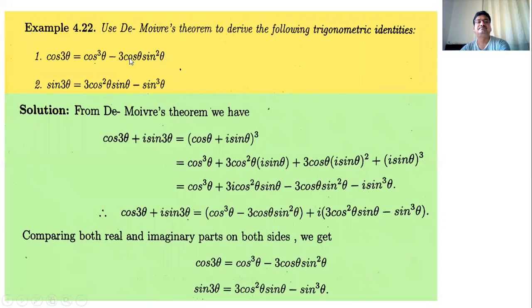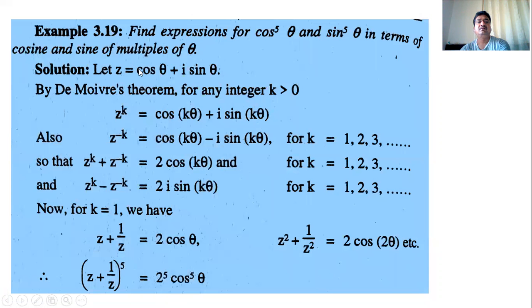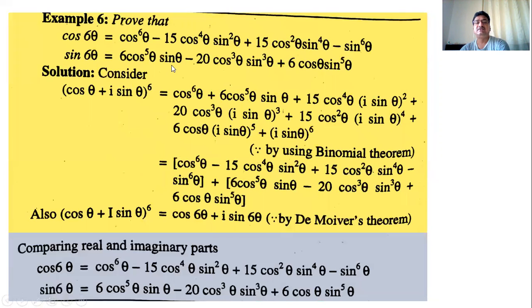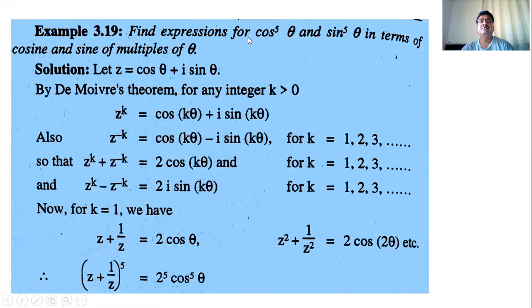Next problem is: find the expression for cos raised to 5 theta sine raised to 5 theta in terms of cosine and sine of multiples of theta, that is sine 3 theta, sine 4 theta, sine 5 theta, cos 4 theta, cos 2 theta.